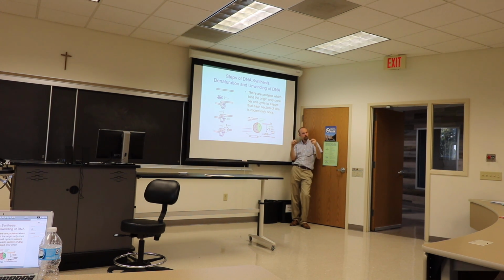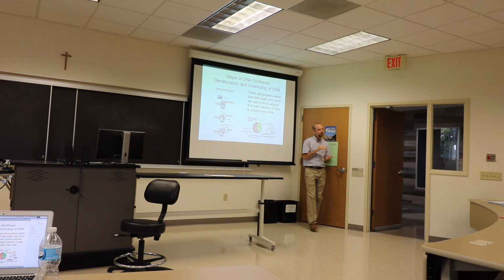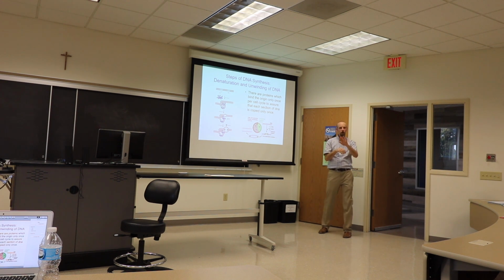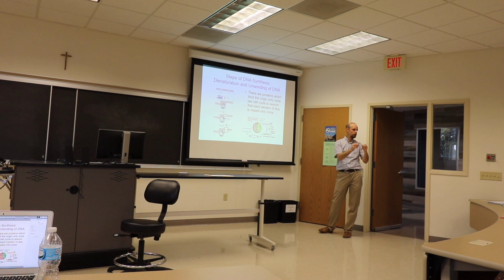There's going to be several points where replication will begin, and they'll join up to one another as the replication forks travel. So you can imagine that the cell has to have a very coordinated system of saying, no, we've already replicated that section of the DNA, don't do that anymore, right? Because once the replication fork goes through, you can't really tell between the new DNA and the old DNA. And so there has to be some way to do that.